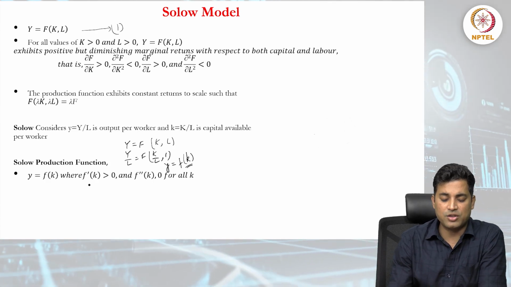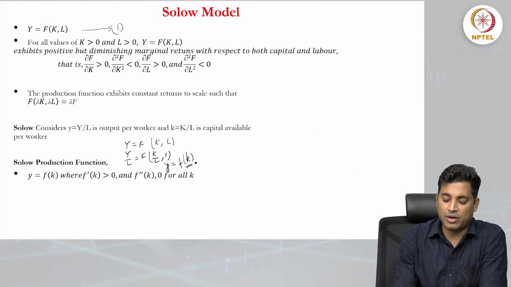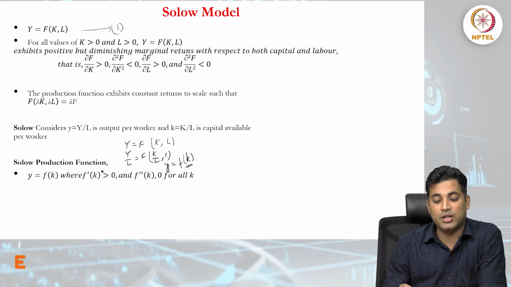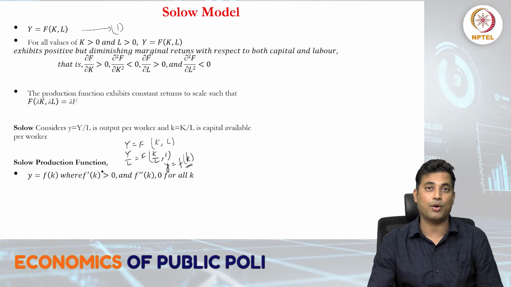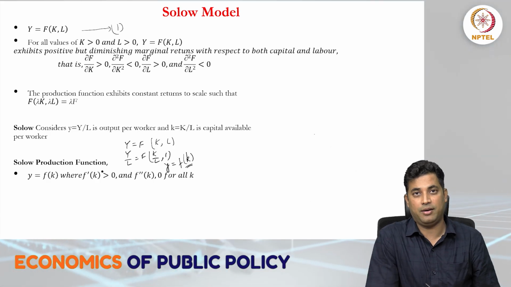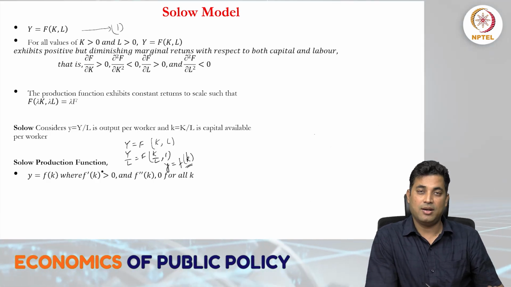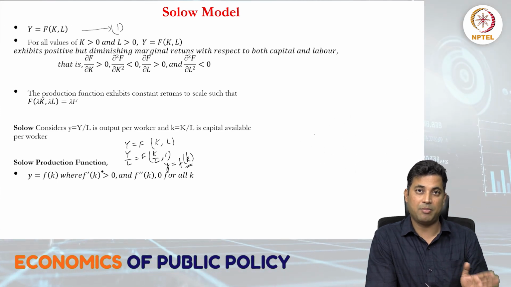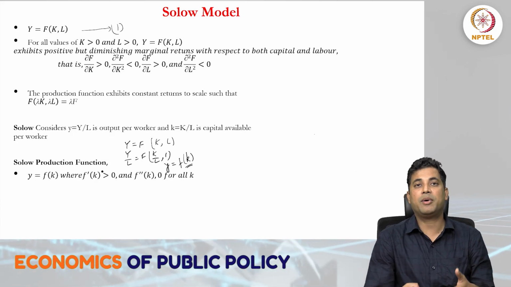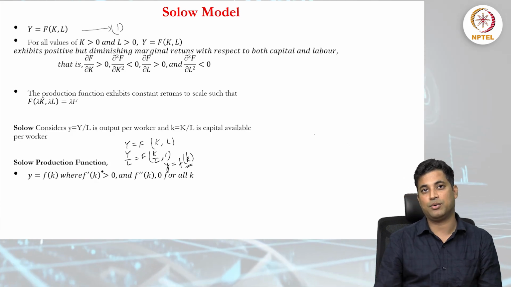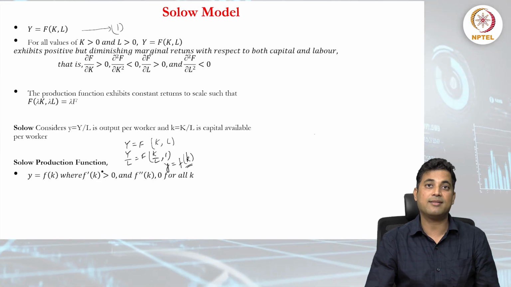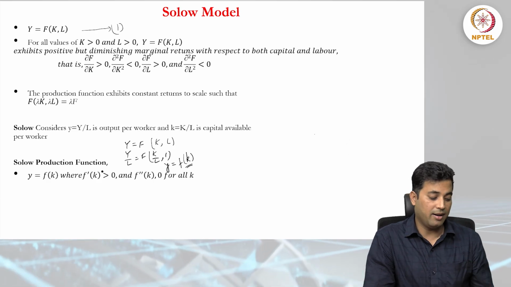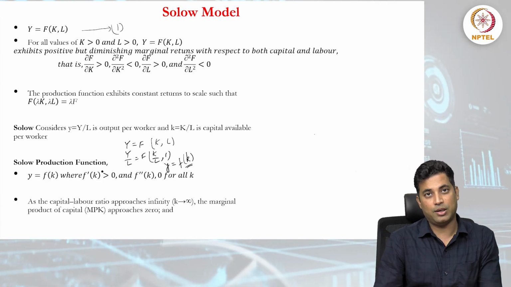This is the Solow production function, again following diminishing returns: the first order condition will be greater than 0, and the second order conditions will be less than 0 for all k. Here only small k is used. Labor is embedded in output and also in the capital in order to understand its effectiveness. Those are the major assumptions that Solow considered while framing the Solow model.